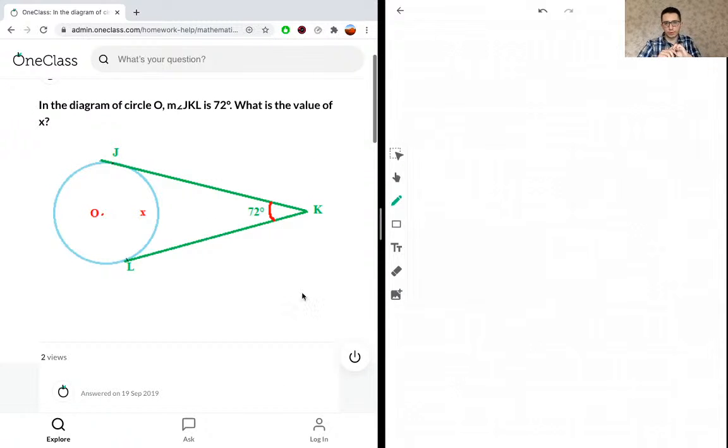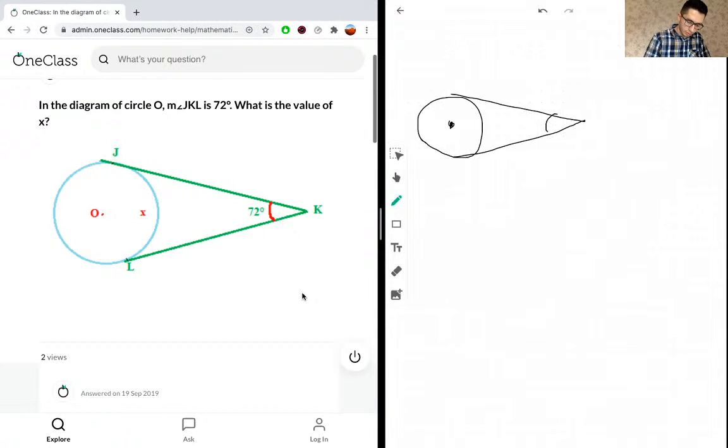So let's redraw the diagram over here to better understand the question. So we have a circle over here. So this is a perfect circle. And then we have a triangle, like so. And we have the center of the circle. We have an angle here of 72. So this is M. 72.